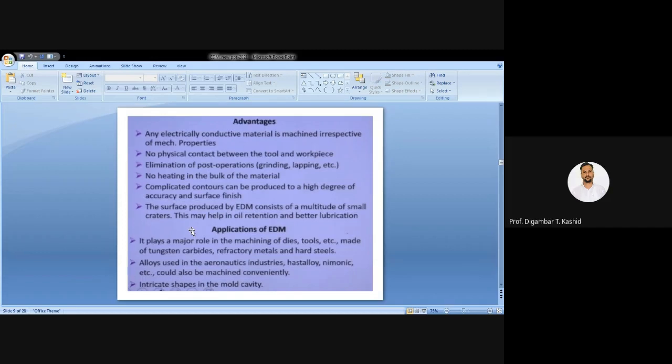So this EDM process plays a major role in the machining of dies and tools in the tool industries, which are made of tungsten carbide, refractory metals and hard steels. Again, hardened steels are used for that purpose.